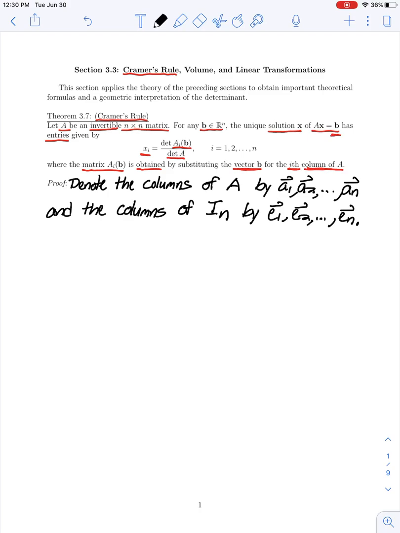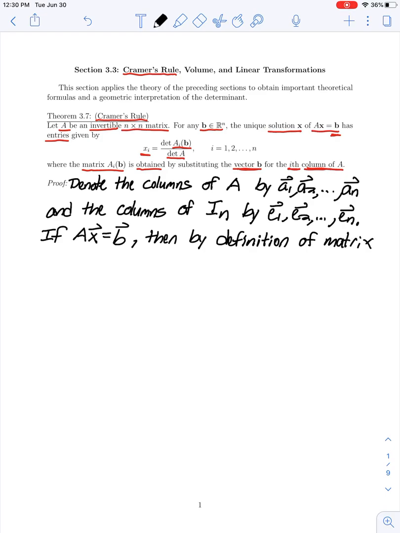Now, if we're considering the matrix equation Ax is equal to some vector b, then by the definition of matrix multiplication, we have the following.